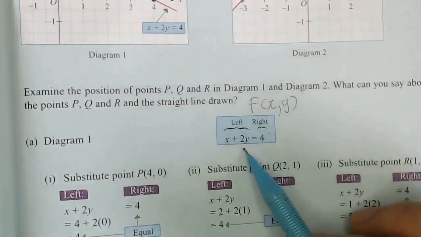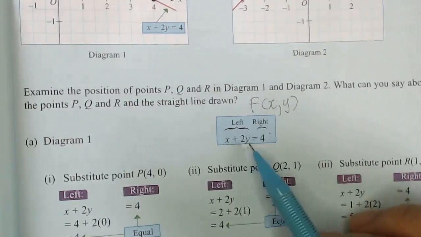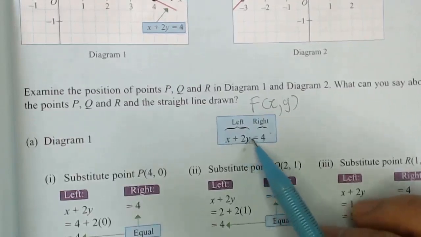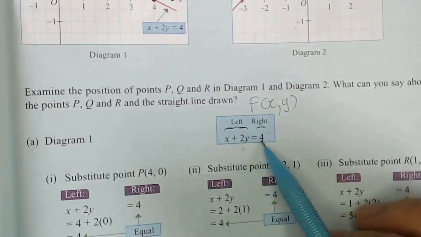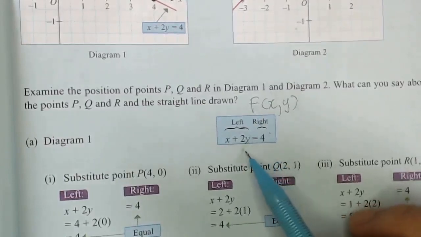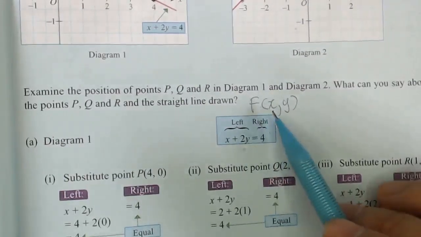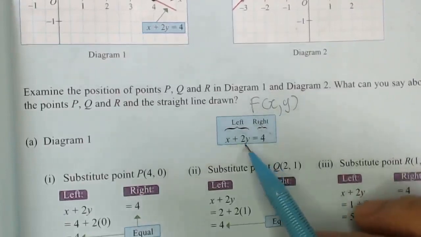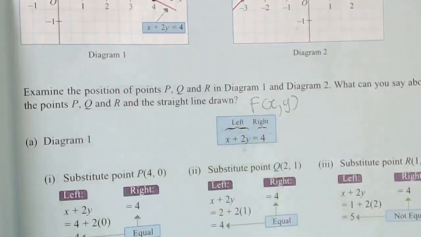If we get something that is not 4, like 3 or 5, then 3 is not equal to 4, correct? So this point is not on this straight line. That is the idea. Do you understand me?